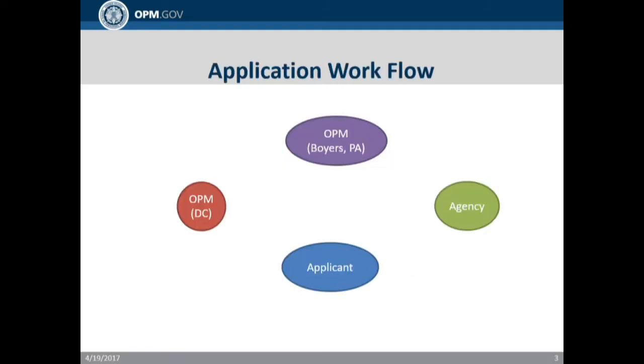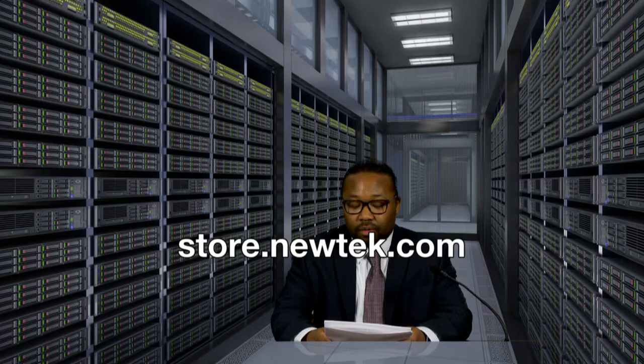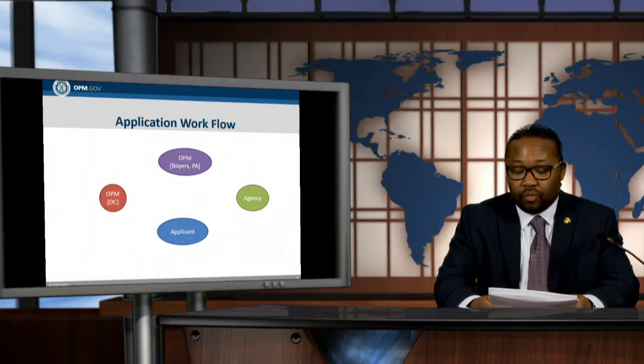Now, I'm just going to go over the application workflow that we have. The first step would be the applicant would submit the retirement application to their agency if still employed. If separated, the applicant will submit the application directly to OPM. Second, the agency submits the package to OPM through their payroll office, where the case is created and a CSA number is produced.